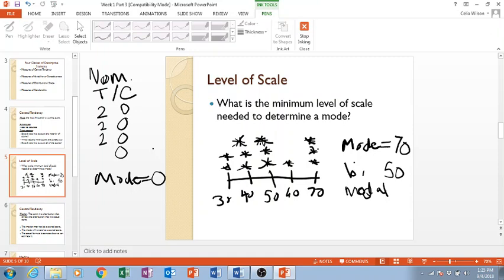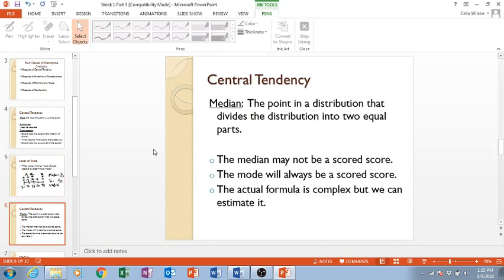Because of the difficulties with the mode, the fact that it doesn't take into account all the scores, it's not very representative of all the scores, and in certain situations it represents all the scores even worse, we have another statistic that helps us, and that is the median.